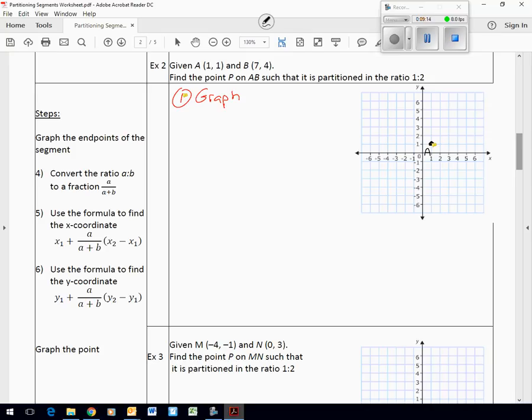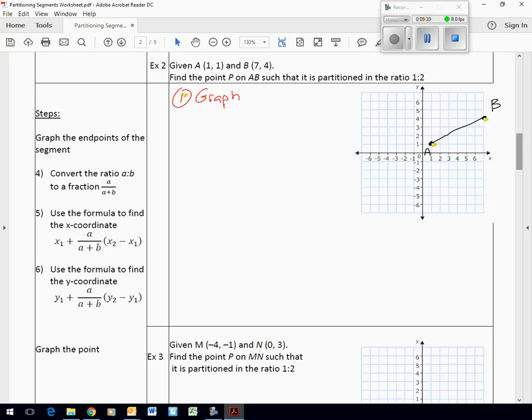B is at 7, 4. So go all the way out there and put AB. There we go. AB on your graph. Oh, I'm sorry, it's at the top of the next page. Yeah, it's at the top of the next page.